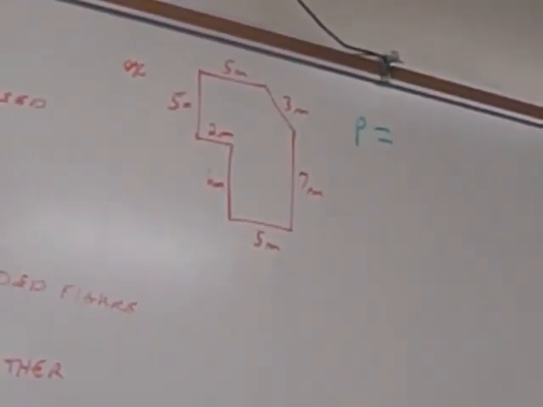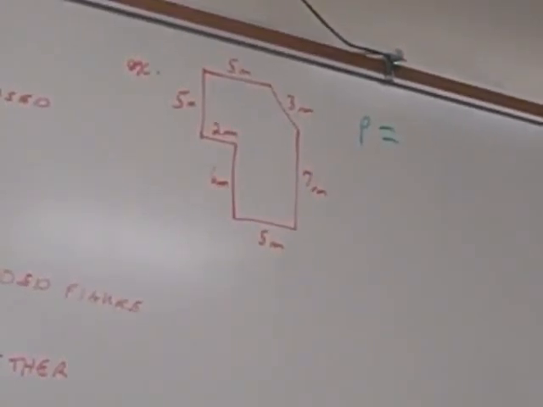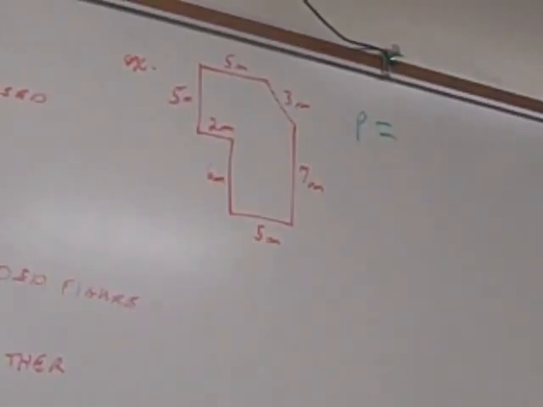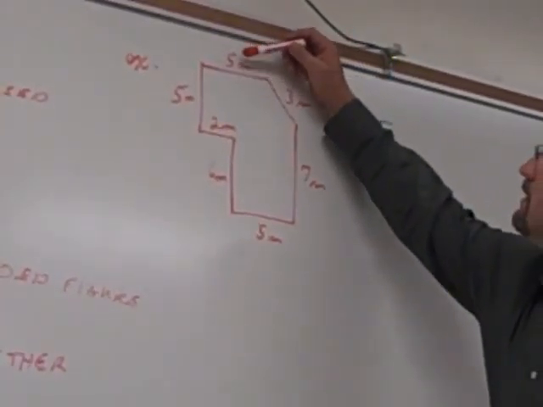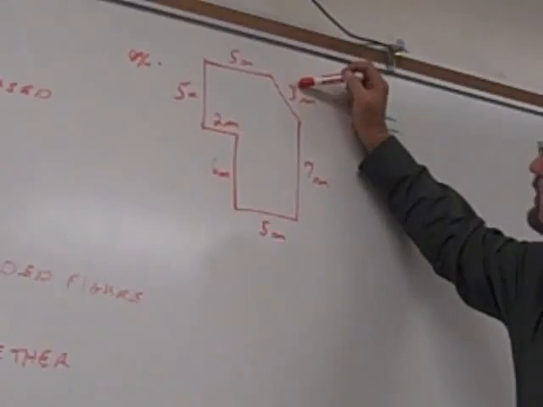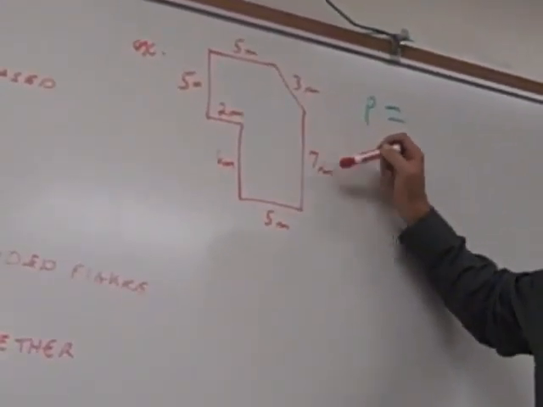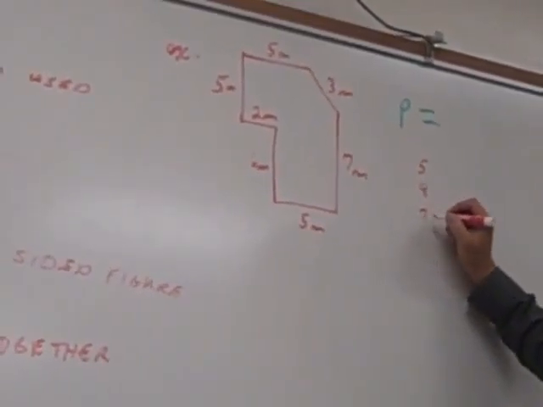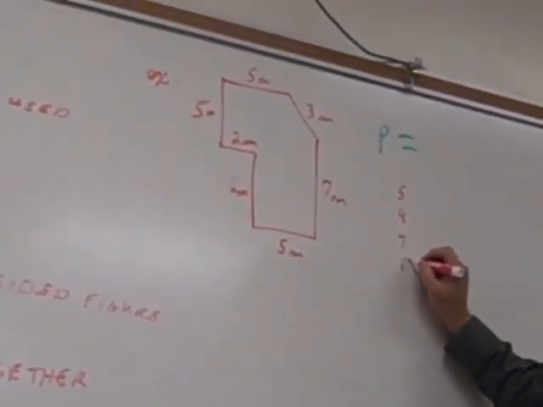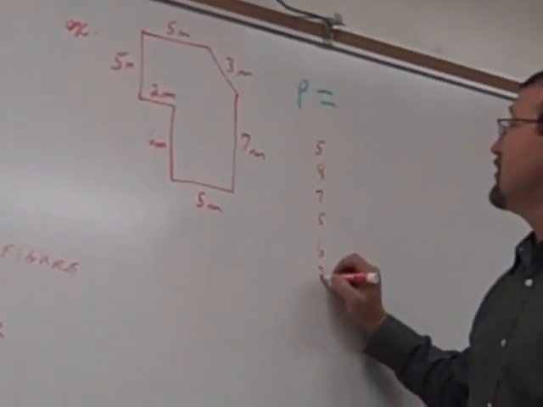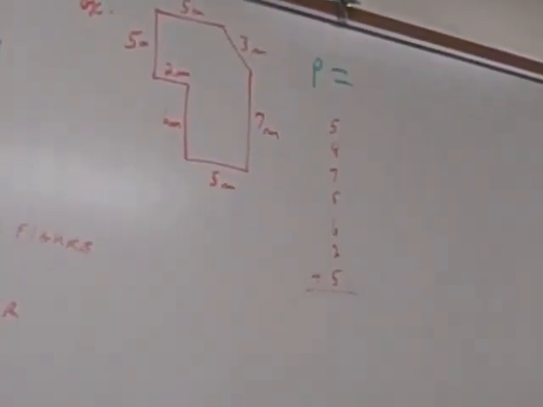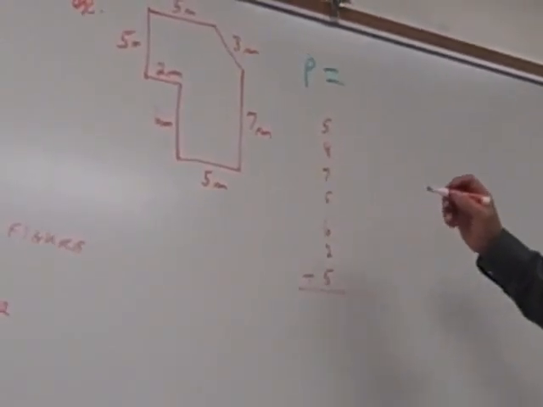All right. So what do we do to find perimeter? Is there a fancy formula? No. Just add up all the sides. So here we go. 5, 8, 15. So I got 5, 8, 7, 5, 6, 2, 5. Coach Jordan, that 8's supposed to be. Did I miss a 3?